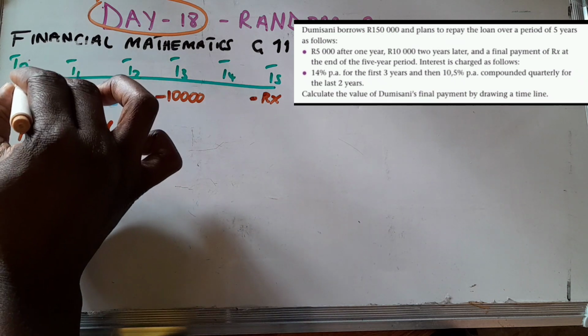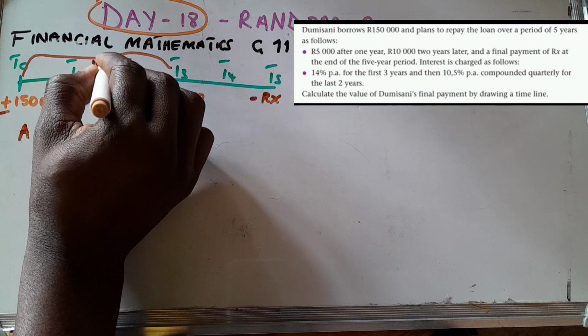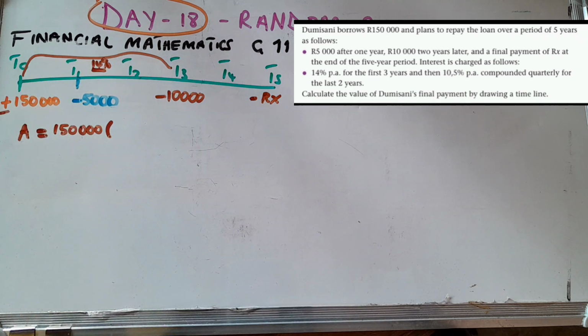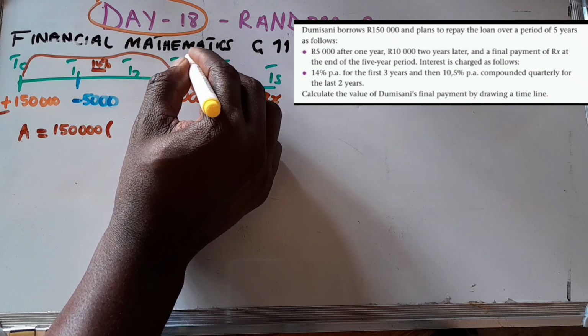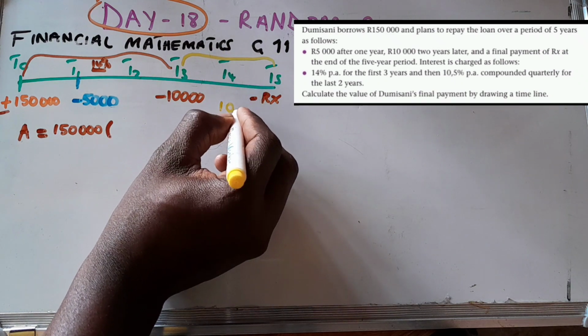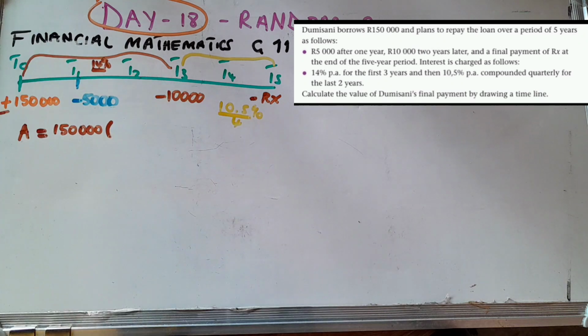From this period up to this period, it was 14% per annum. This one was not compounded, but the last one was compounded. We were told that from T3 to T5, it is 10.5% compounded quarterly. So quarterly is just divided by 4, right?